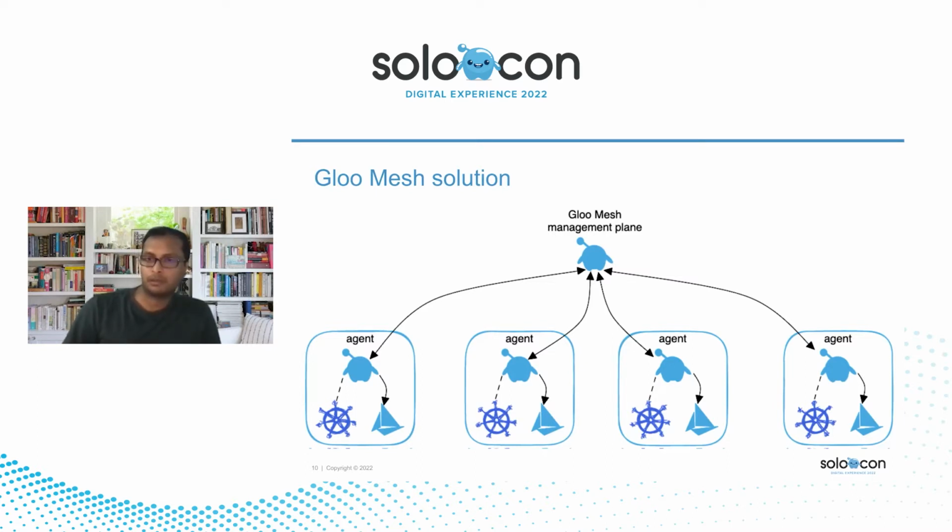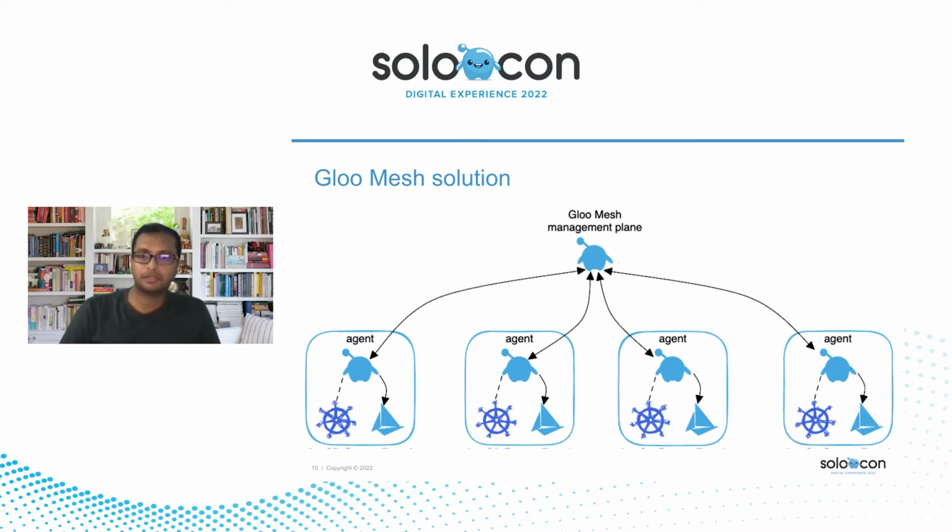So the Gloo Mesh management plane is doing this translation from your runtime state and from your Gloo resources and creating the snapshot, which is pushed back down to the agent for each cluster, and those agents are then creating the Istio resources. So the Istio resources are created individually for each cluster. Then Istiod is taking those Istio resources and converting them to the Envoy configuration.